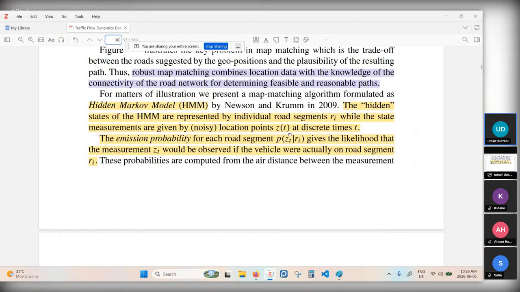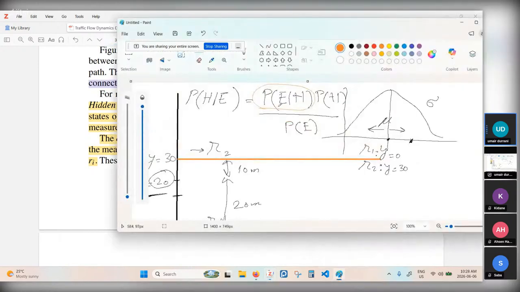So this is the probability of our evidence, the geographic coordinates that we are getting, given the road segment Ri, which is similar to the evidence given the hypothesis. The hypothesis here is that the road segment is R1 or R2. So this is the first thing that we need to determine, and this is actually the emission probability. The question did not ask about the emission probability; it asked about the opposite, the probability of the hypothesis given the evidence, which is probability of R1 given y hat. But we need the emission probability before that.